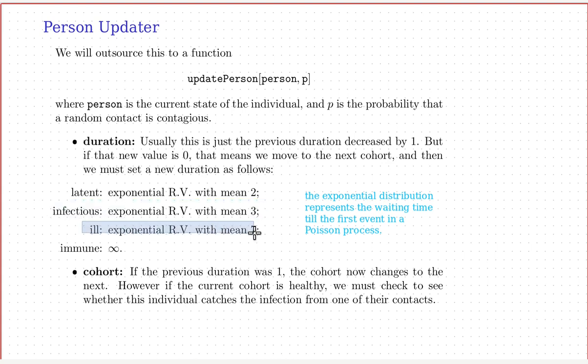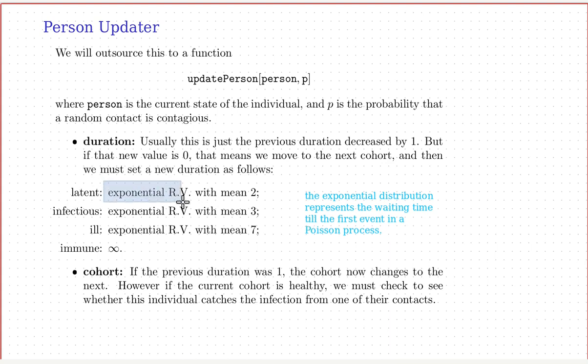If we're entering the ill stage, we'll use one with mean 7. If we're entering the immune stage, we're assuming that somebody's going to remain immune forever, so I will just enter infinity as the duration. That's something Mathematica does understand. You can enter infinity as a number in Mathematica.